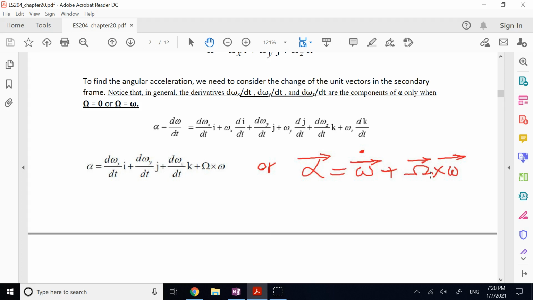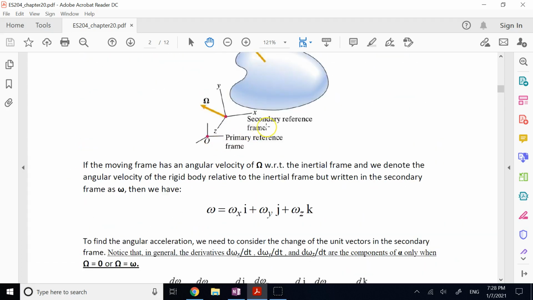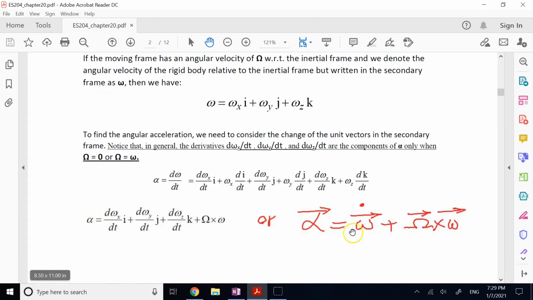One, as it says, when the secondary frame does not rotate. If the second frame does not rotate, then these vectors ijk have constant magnitude and constant direction. So they have no time derivative, therefore alpha is only due to change in magnitudes of omega x, y, z, so alpha is simply omega dot.